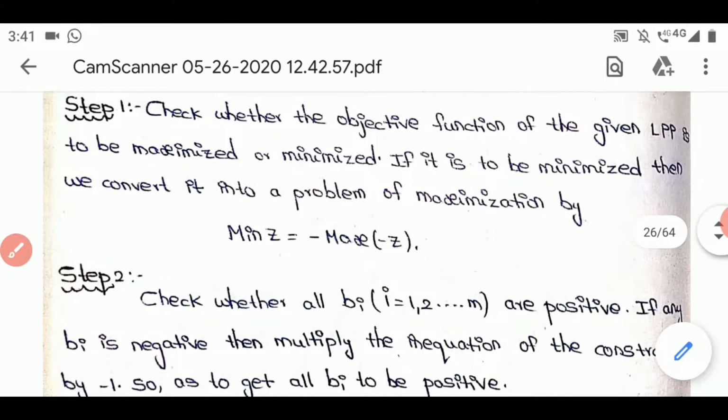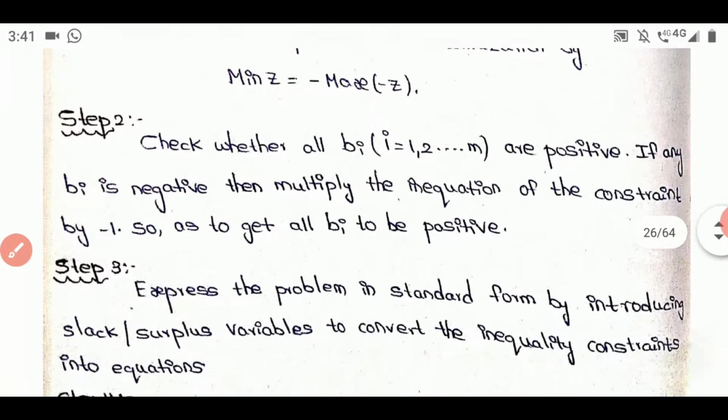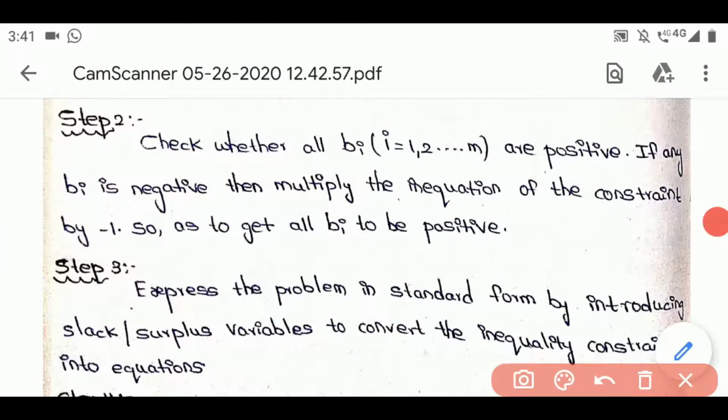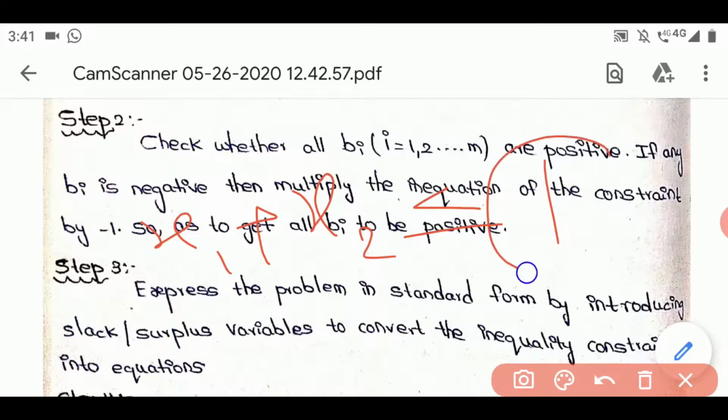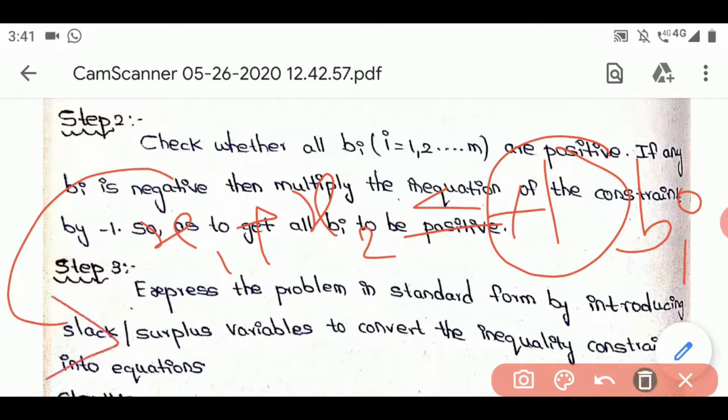In step 2, we have to check whether all bi are positive. Here bi means the right-hand side of the constraints. For example, if the constraint is x1 plus x2 is less than or equal to 1, this 1 is known as bi. If it is positive, then no problem, we can continue to step 3.